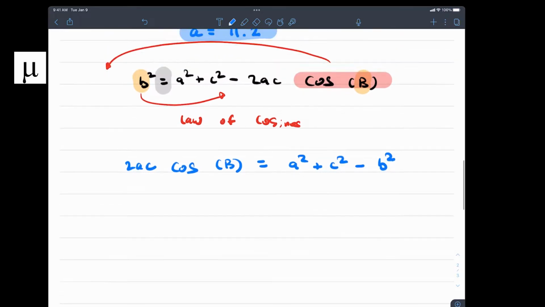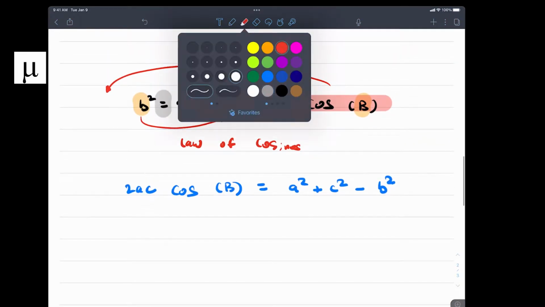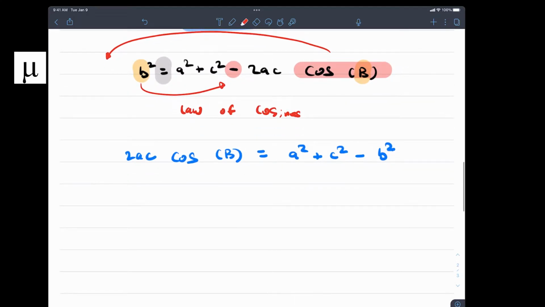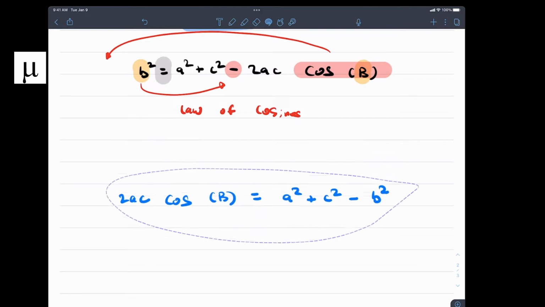Okay, you guys okay with that? Notice, what did I do? You see the sign over here, how it's negative? What is it on the other side? Positive. You see the sign over here for b squared? It's positive. What is it over here? That's my point. Okay, so we can do this. It's called translating. It's not really translating. It's not moving anything at all. You say, what are you really doing?